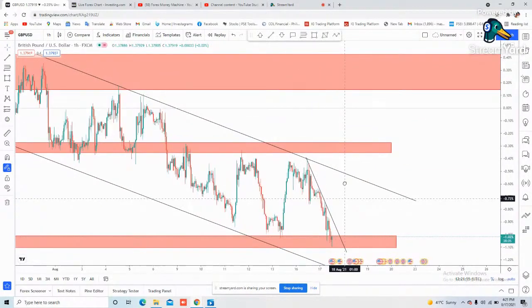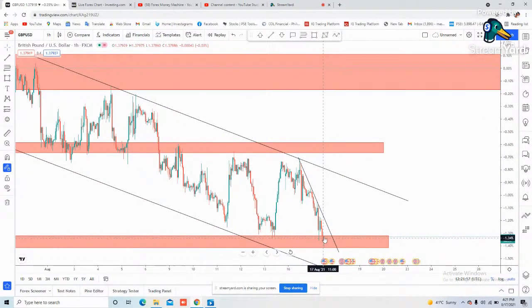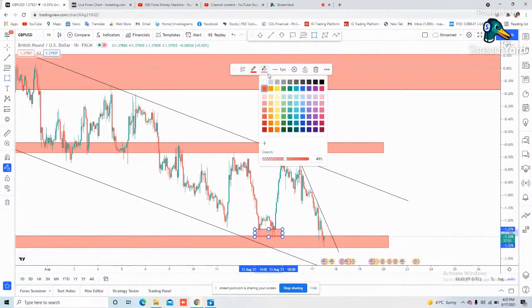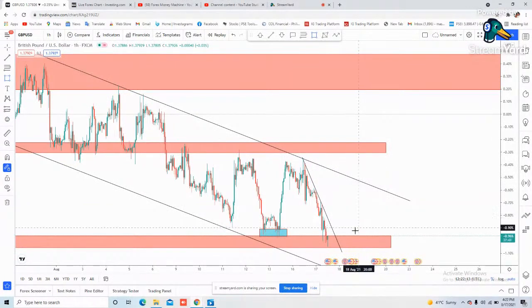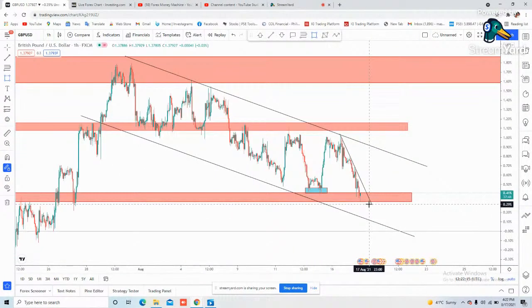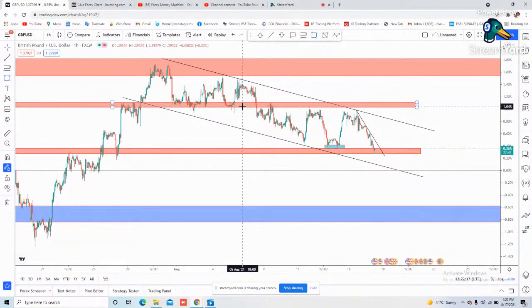So here we need to wait for the confirmation. Like this one, it creates a double bottom here. This area, see this double bottom. So we need to wait for the confirmation before we buy. Here is the resistance.